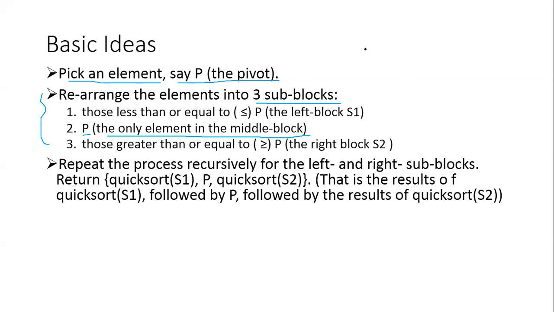So if I have an array like this, I will divide this array into three parts. This is the left half of the array. This is the right half of the array. And this is only the array part for the pivot.